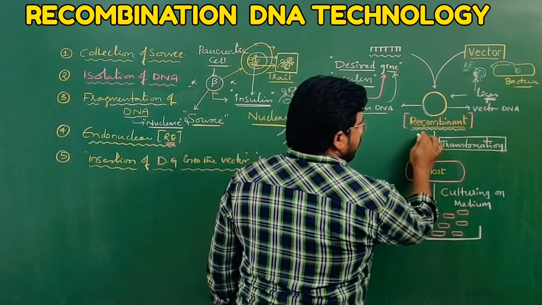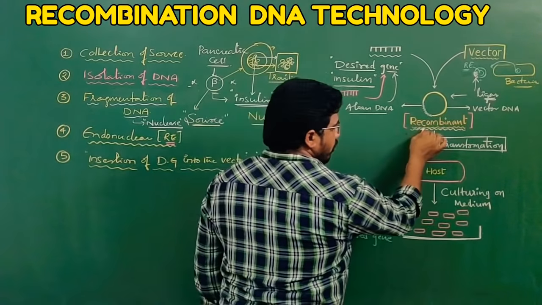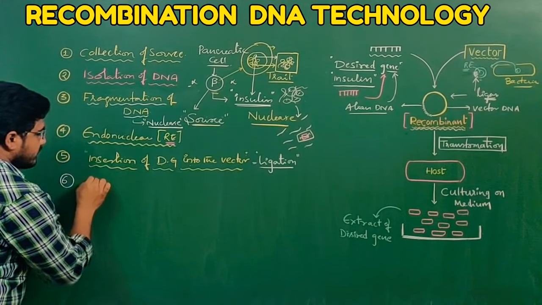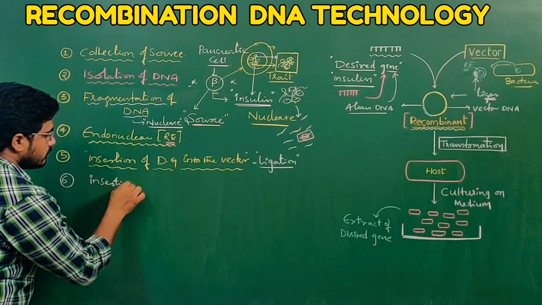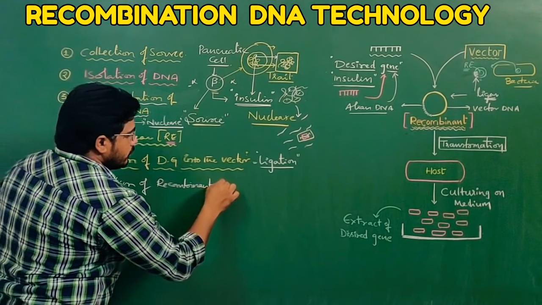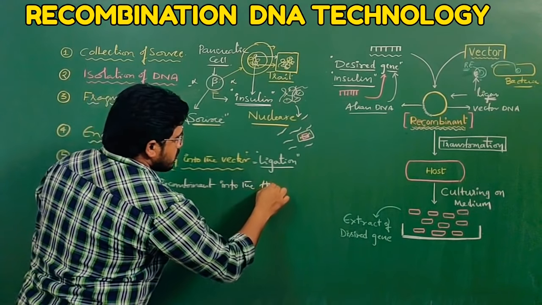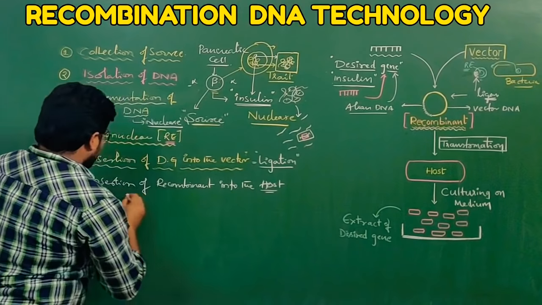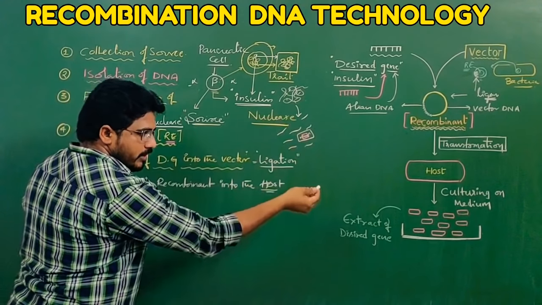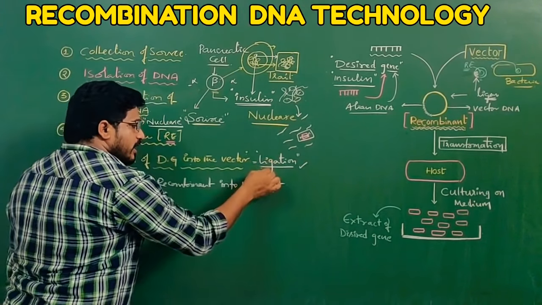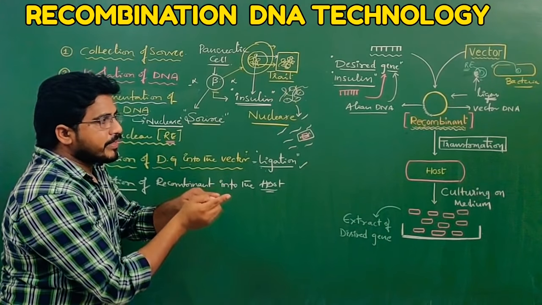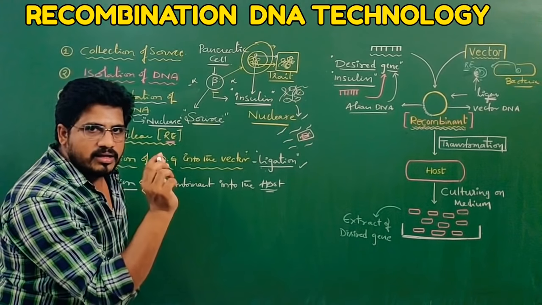Next, once a recombinant is ready, that recombinant has to be inserted into the host. So that is the next step. The sixth one is insertion of the recombinant into the host. Before you insert the desired gene into the vector, there is no recombinant. The process is called ligation. After ligation, the entire sequence of both the vector and the desired gene together is called recombinant.